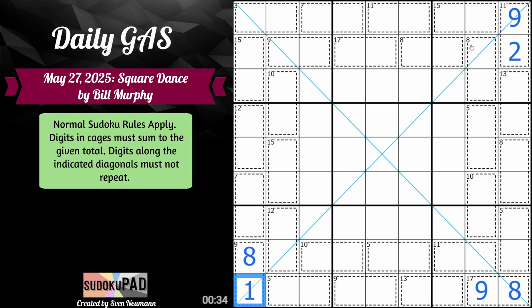Actually, do we have X windmill here? I didn't even think about it with the cages. 15, 5, 12, 8, 7, 13. It looked. No. Gosh darn it. It looked like it for a second. Maybe the sum here, 15. Ooh, actually, it might.